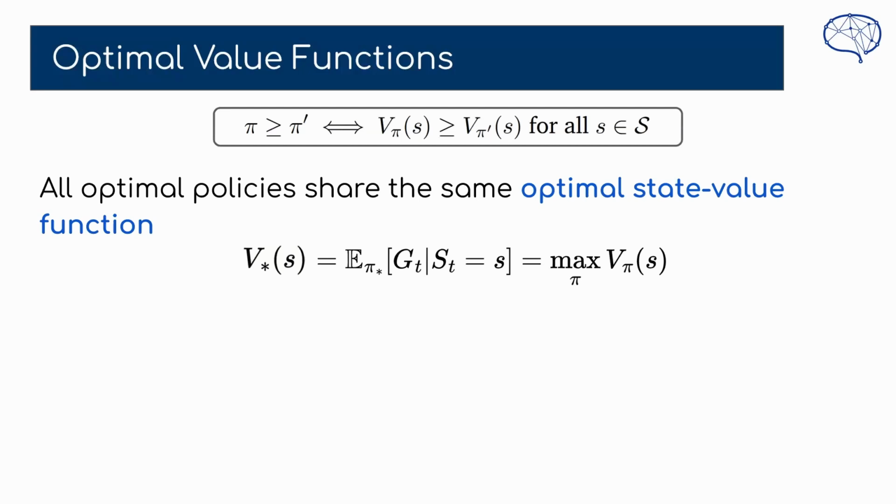This is the expected value assuming we follow the optimal policy. You can find it simply by going over all of the possible policies and taking the policy that maximizes your value for that state.